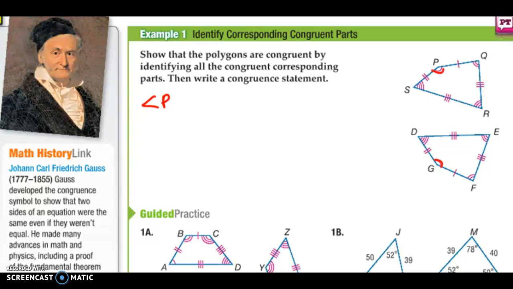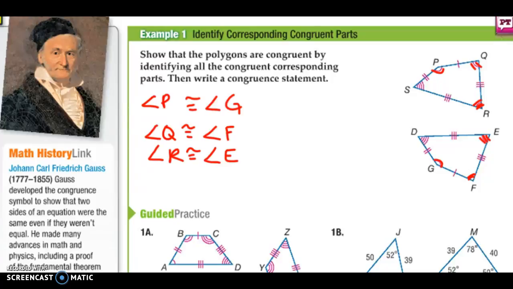That would be angle G. Angle Q is congruent to angle F. Angle R is congruent to angle E. And then angle S is congruent to angle D.